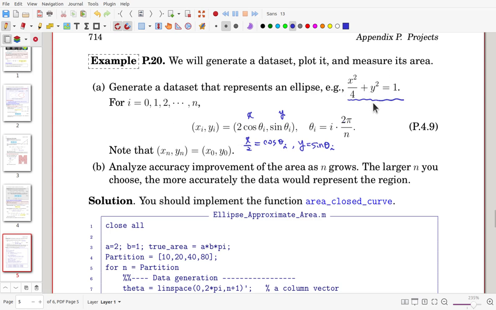And it's known that for a general ellipse, x squared over a squared plus y squared over b squared equals 1, where a is the major axis, the area is ab pi. Right? So the area of this ellipse is 2 pi.